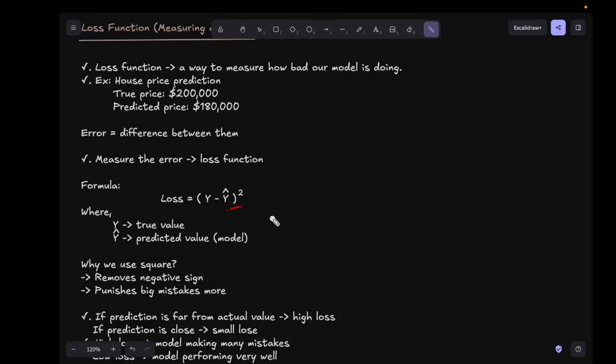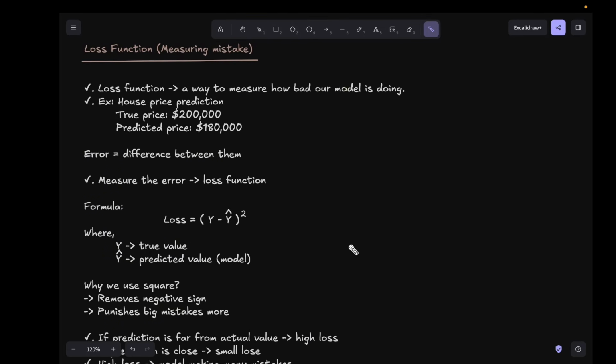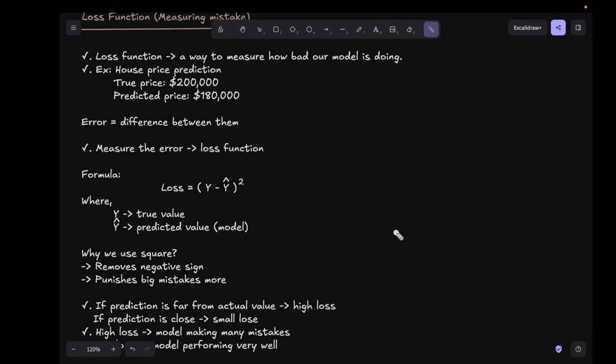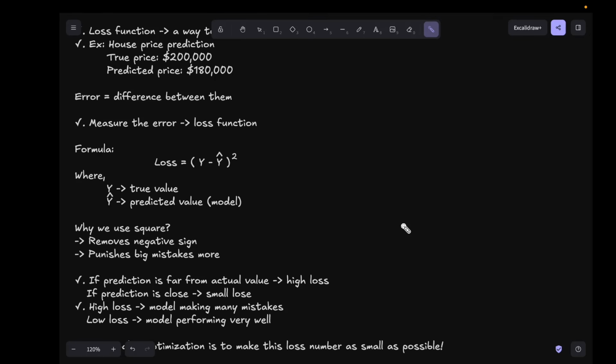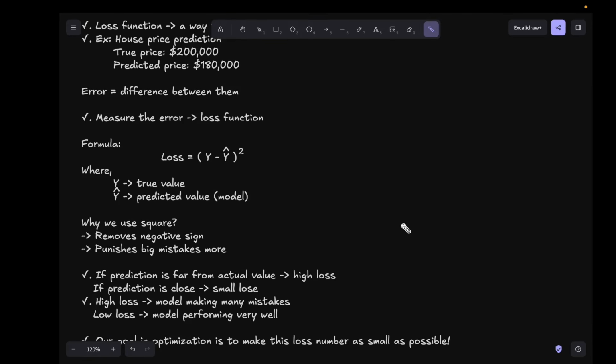We discussed it in our previous session on calculus. If you want to see it briefly, you can go to the calculus session. So if the prediction is far from the actual value, it creates a high loss, and if the prediction is close to the actual value, it creates a small loss.